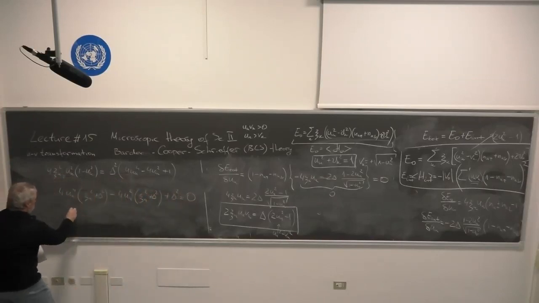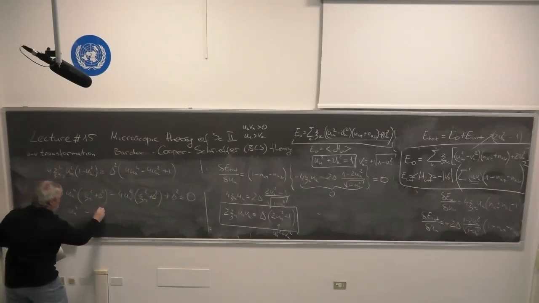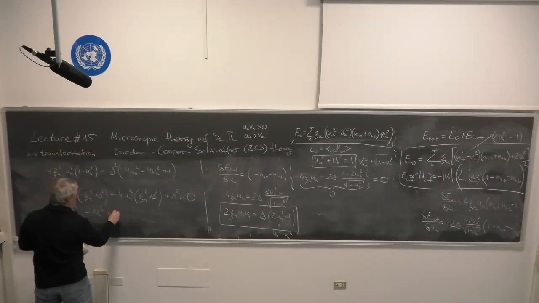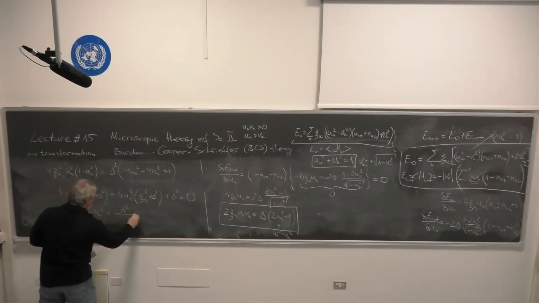Or uk to the 4 minus uk squared plus delta squared divided by 4 times (psi k squared plus delta squared) is equal to 0.